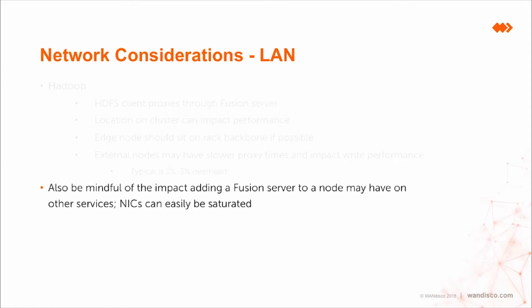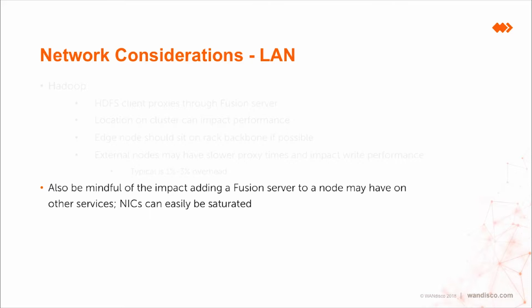Also be mindful of the impact of adding a Fusion server node that has other services running on it. For example, if you install Fusion on a node that's doing Sqoop for ETL or running some other type of process that's consuming a lot of CPU cycles or memory, this certainly can impact the performance of the Fusion server.